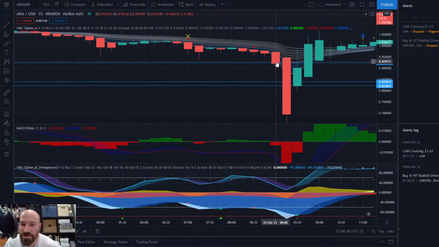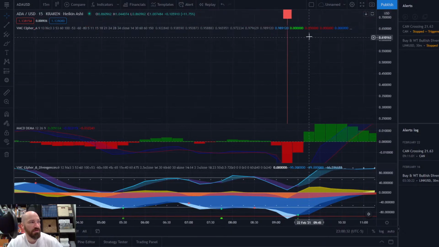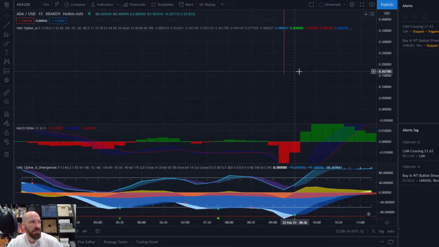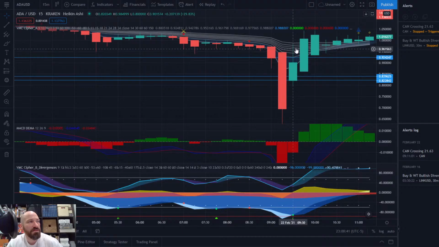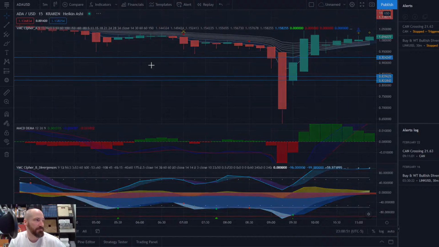And in the course of 15 minutes, look what happened. It went down to 15 cents, and then back up to 95 cents. So it went from 95 cents to 15 cents, back to 95 cents in less than 15 minutes. In fact, it was much less time than that.